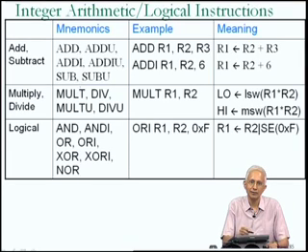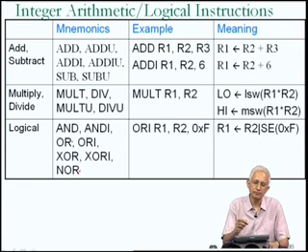There's a multiply, there's a divide. Multiply u, which must be multiply unsigned. Divide u, divide unsigned. Then various logical operations: and immediate, or immediate, exclusive or immediate, nor. So a representative collection of logical instructions.